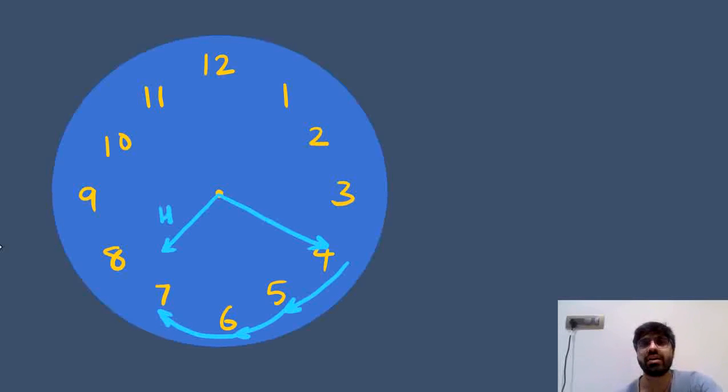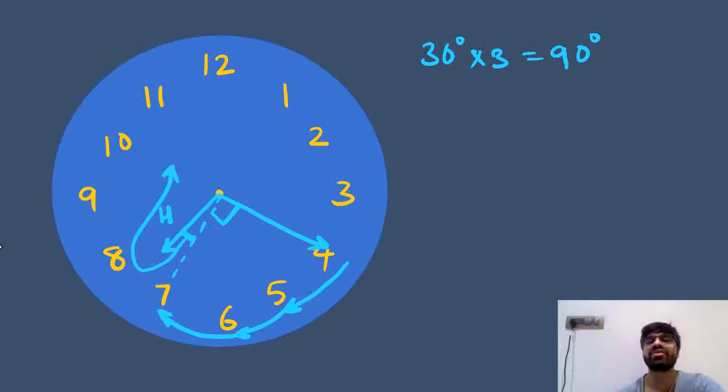So the angle between 4 and 7, that is 30 degrees into 3, which is equal to 90 degrees. But our angle in this particular case is not 90 degrees, it is a little more than 90, because this extra part is what we will have to add to 90, and that is what will give us the final angle between the hour hand and minute hand of the clock in this particular sum.